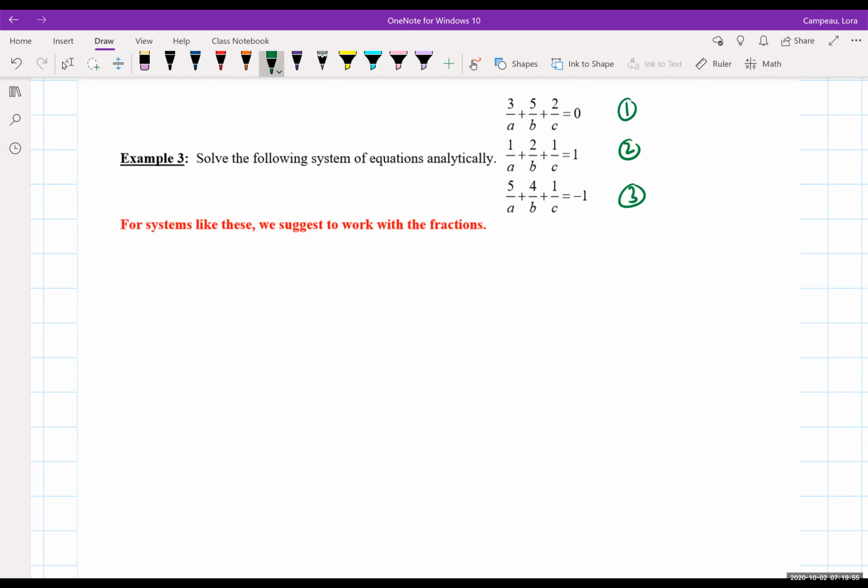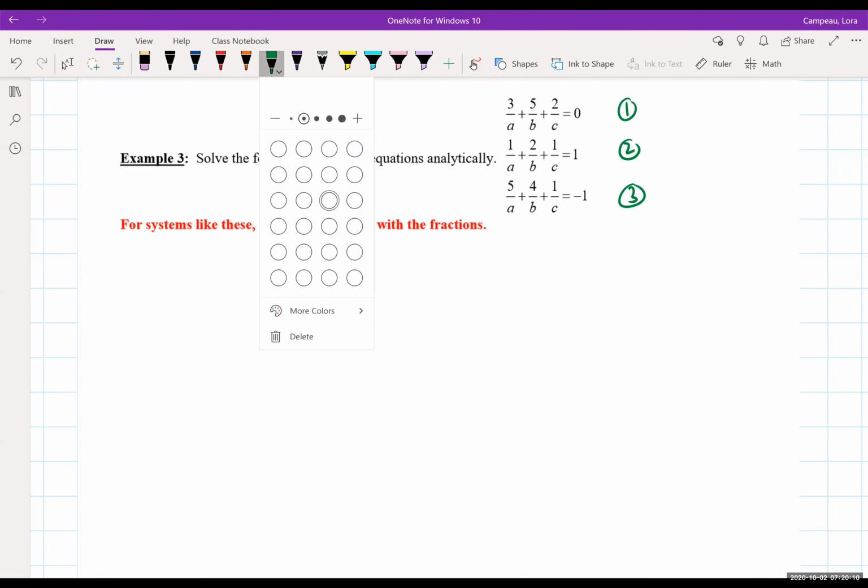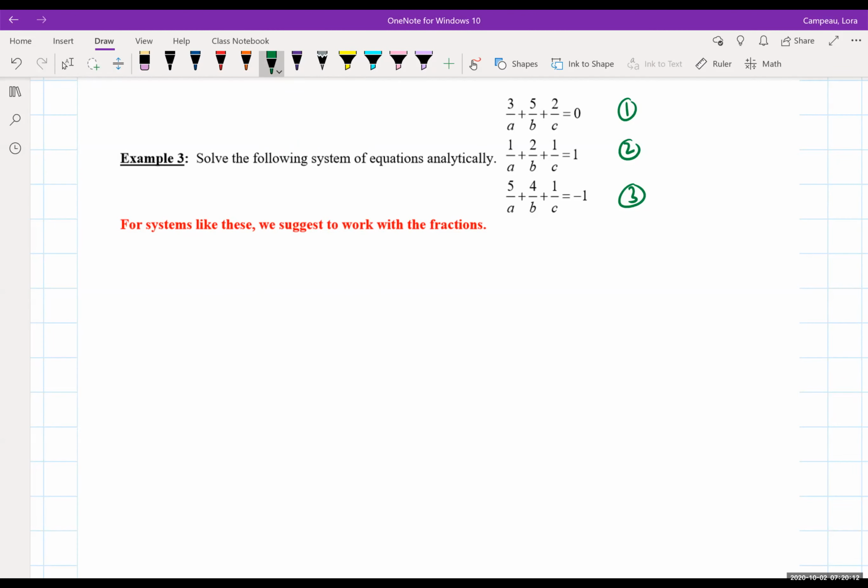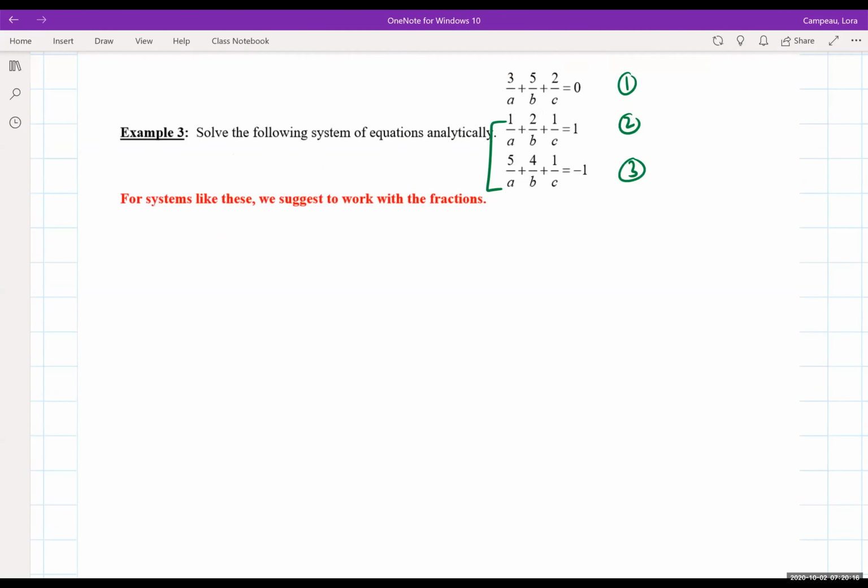I notice I can eliminate fractions as long as their numerators are opposites. You can choose any of the variables, but what's yelling at me at the moment is equations 2 and 3.